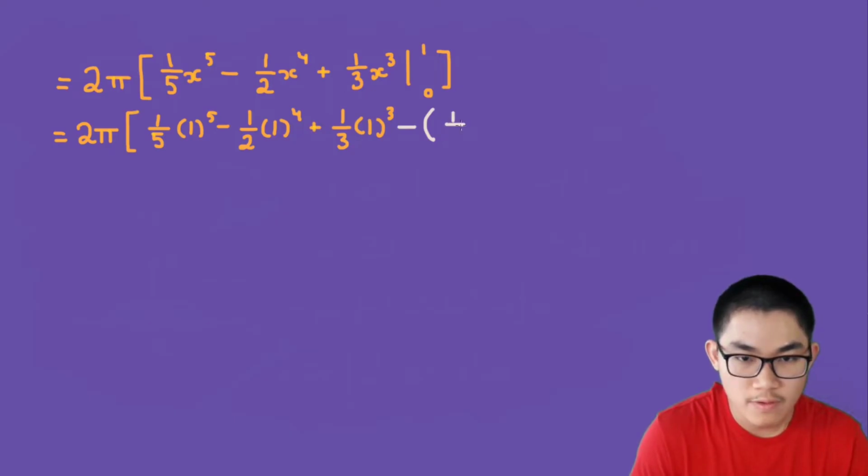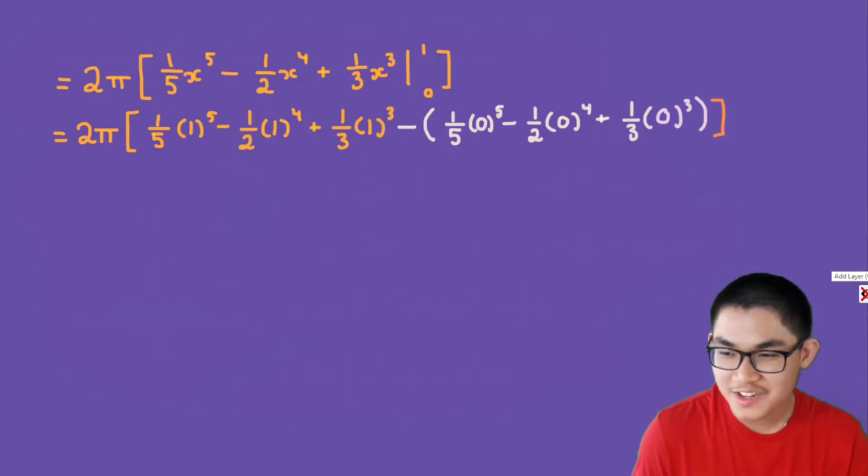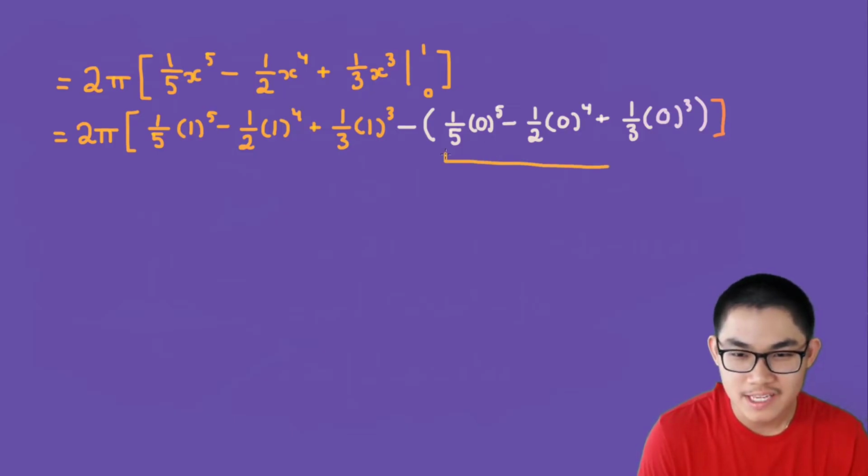We're going to get 1 over 5 times 0 to the power of 5 minus 1 over 2 times 0 to the power of 4 plus 1 over 3 times 0 to the power of 3, and we can close the bracket right here.